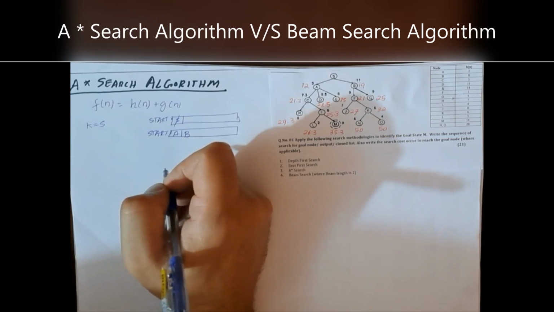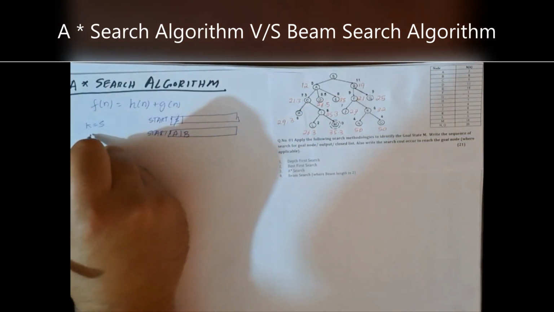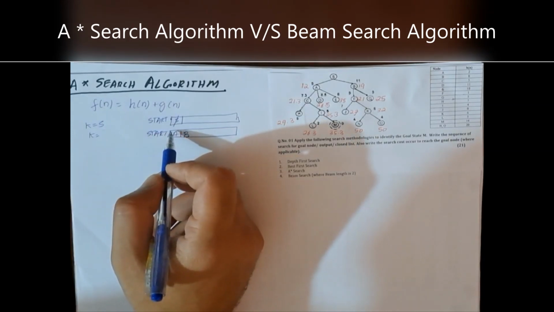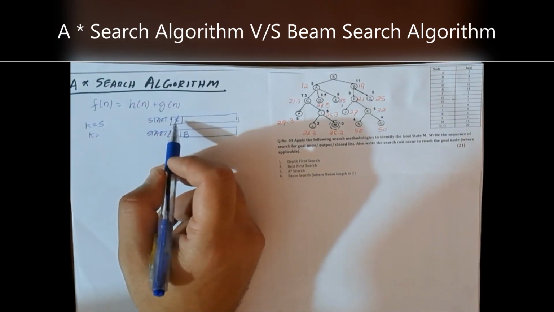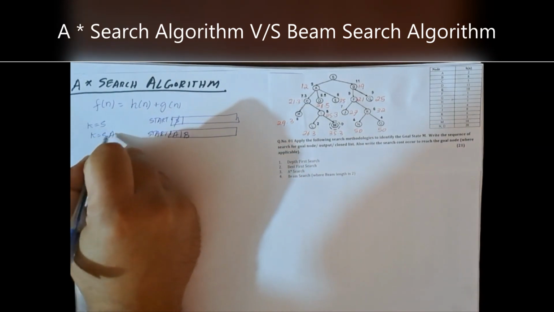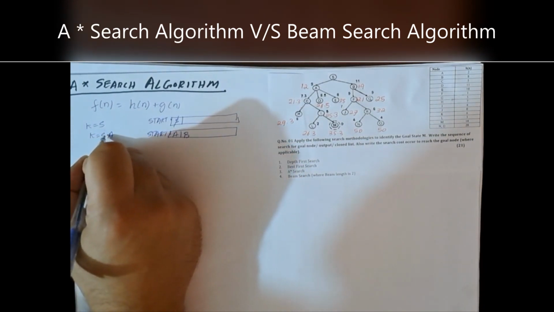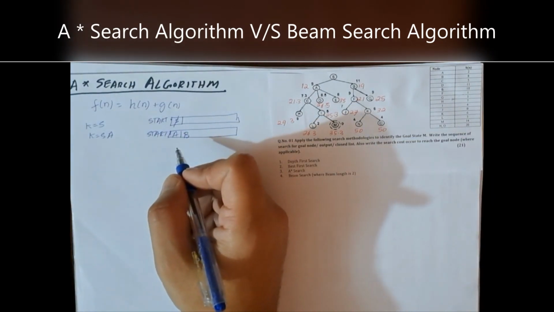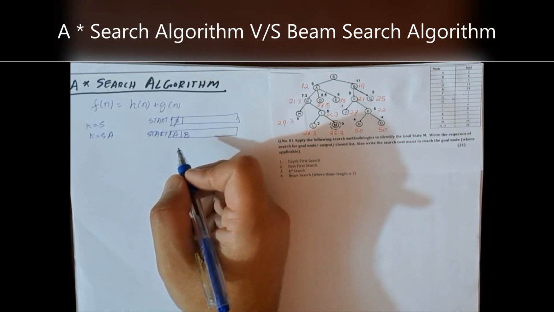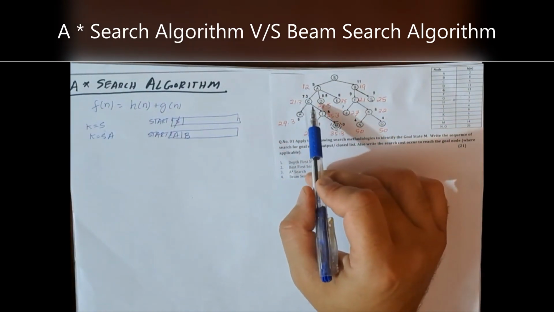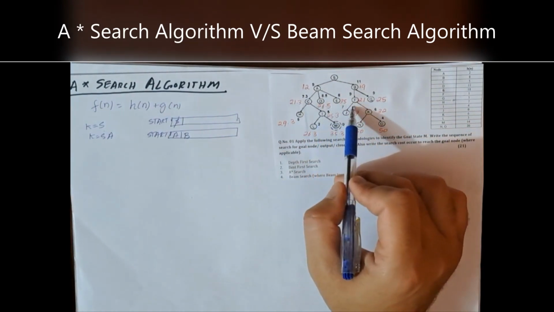Now we move back again. That means we again give a to this variable k, and a will be replaced by its child nodes, c, d, and e.